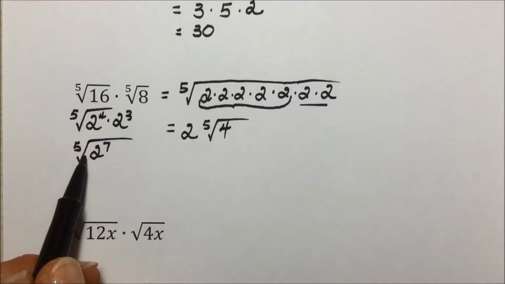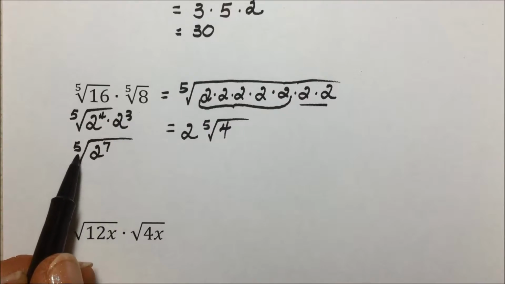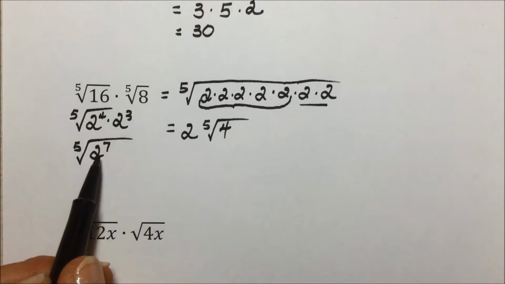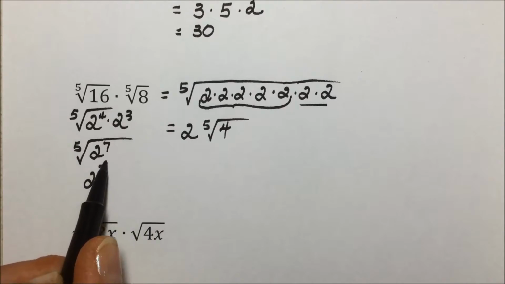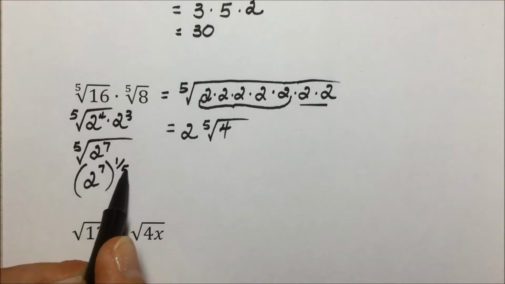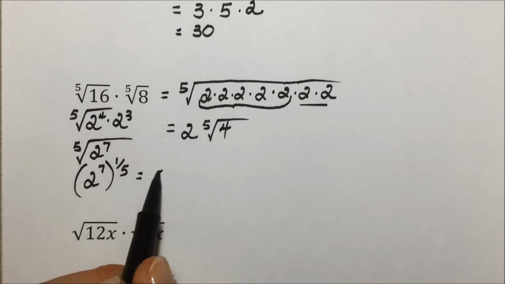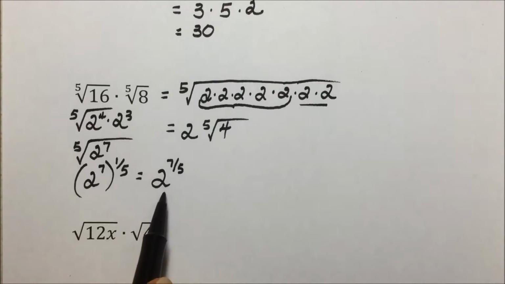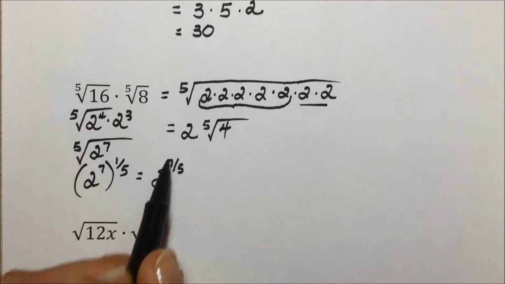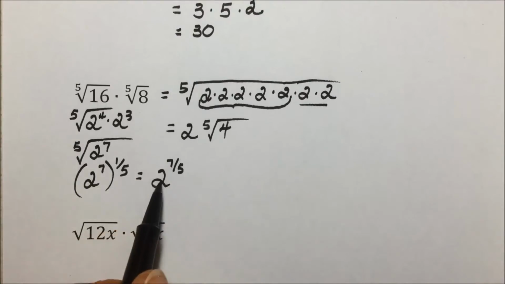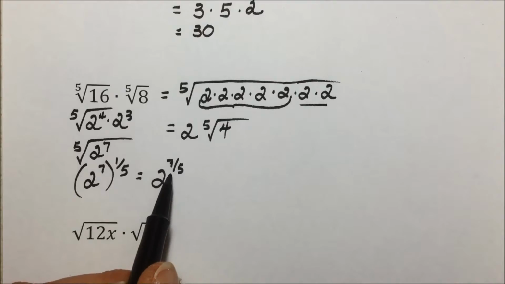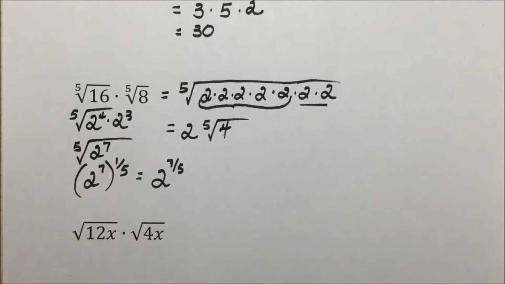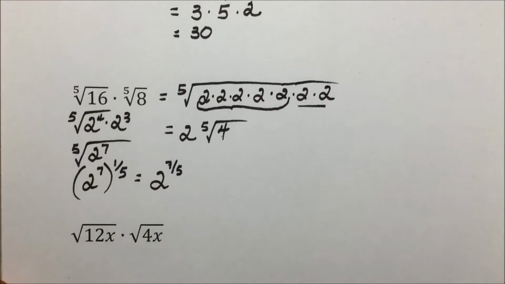And if we simplify, putting this in rational exponential form, the fifth root is the same as taking 2 to the seventh and raising it to the 1/5 power, which gives us 2 to the 7/5. 5 goes into 7 once, and there's our 2 to the first power, and leaves a remaining power of 2 left over. 2 to the second power is the 4. And this lends itself to do this mentally, if we're up to it.